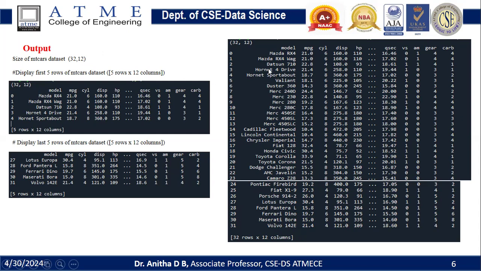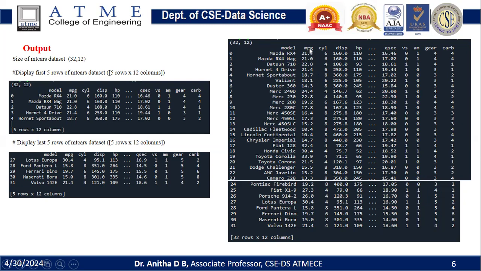Then this figure contains the entire dataset, that is print cars. Print cars will print the entire dataset. Now if you observe the dataset, there are 12 columns and 32 rows, but the actual data is 11 columns and 32 rows.